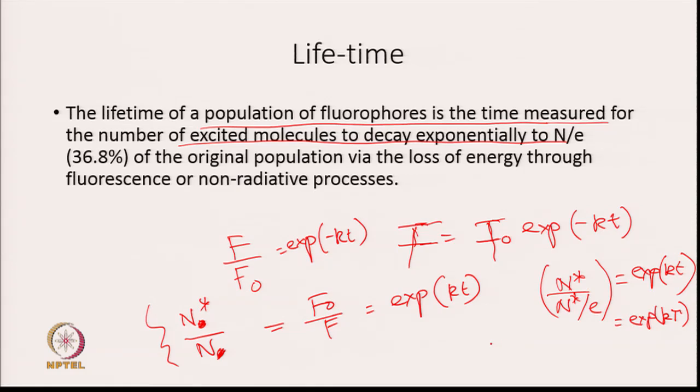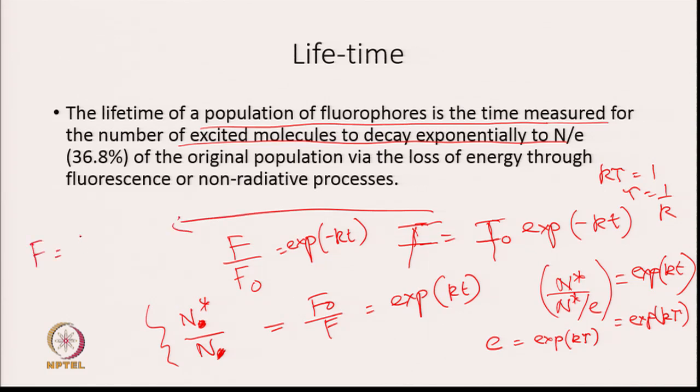Now, when you solve this, you will get e is equal to exponential k tau, and that simply means that k tau is equal to 1, and so tau is equal to 1 by k. So, sometimes this equation is also written as F is equal to F naught exponential minus t divided by tau, since k is equal to 1 by tau.